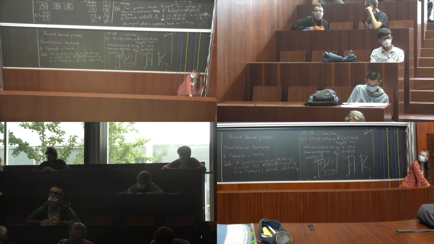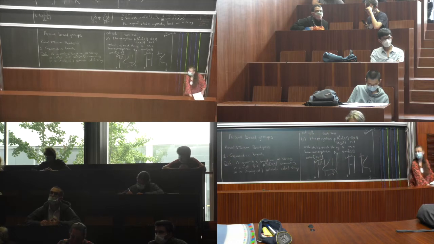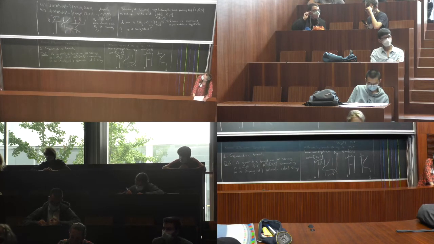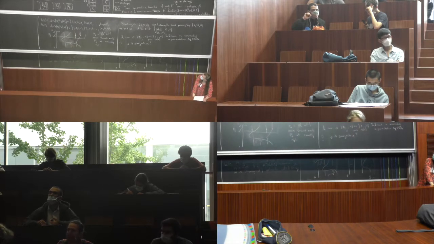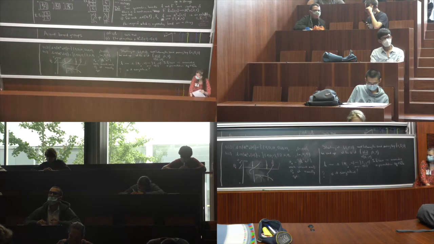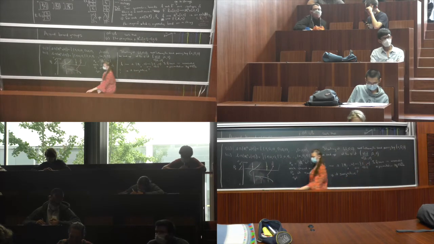And then the two other conditions are about the fact that I want this to be an isotopy between B and B prime. So I should say that I start at B and that I end up at B prime. And that's easy to do.